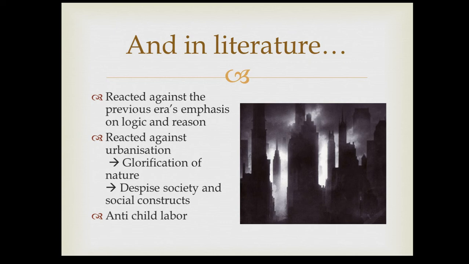What they also reacted against was urbanization, and how we can see that in Romantic literature is that the Romantics used to glorify nature a lot, and they expressed a sort of loathing towards society and social constructs.